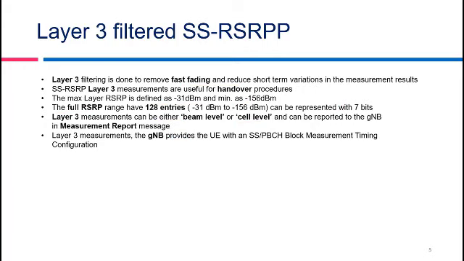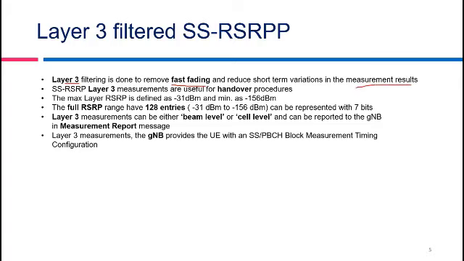The layer 3 filtered RSRP measurements are done at layer 3, which is our RRC layer. Layer 3 does filtering similar to layer 1, and this filtering is done to remove the fast fading effect and reduce the short-term variations in the measurement results.